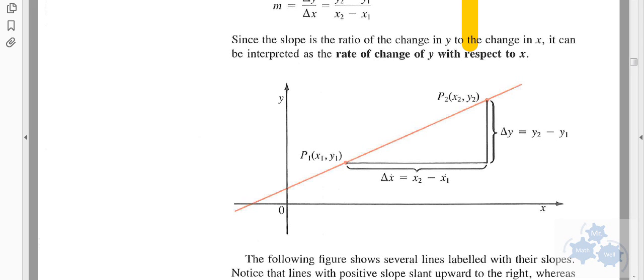So the change in y is here, the change in x. The change in y is y2 minus y1. If you had this y coordinate, y2, and the y coordinate of the first point, you could go y2 minus y1. That would give you the change. And of course, for change in x, x2 minus x1.